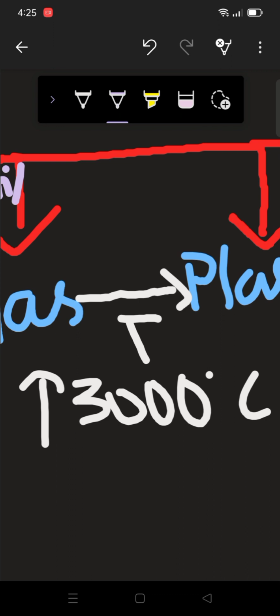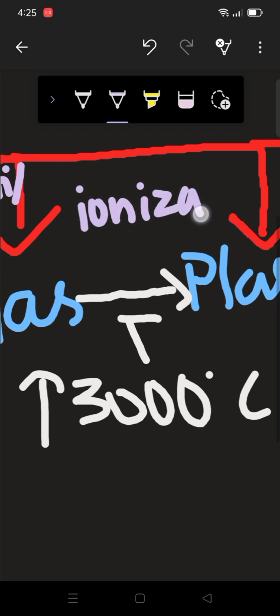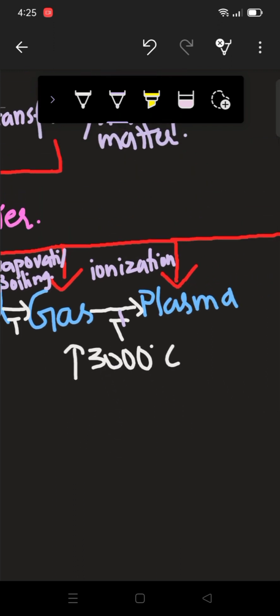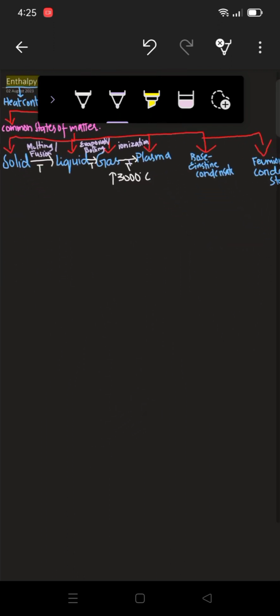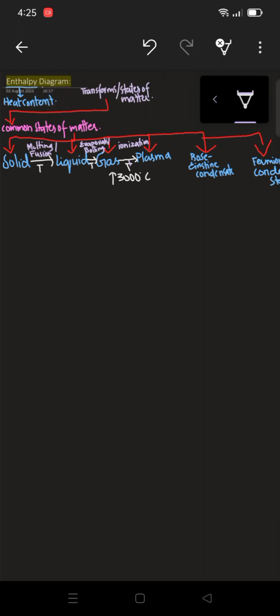Let me write here. It goes under the process of ionization. Thus, it converts itself to the plasma. Alright. So, now I'll tell you the process of ionization as well. What is this process basically, ionization? So, let's go with ionization first.